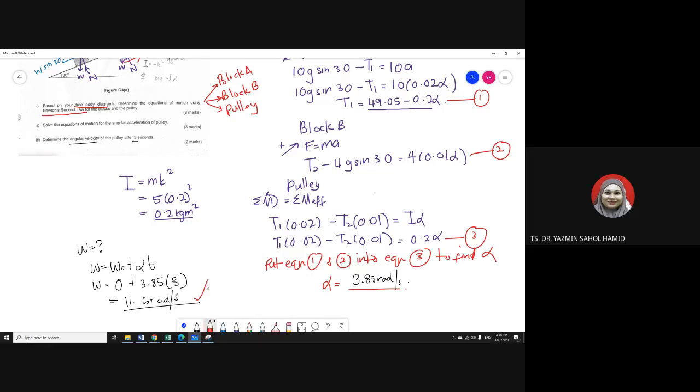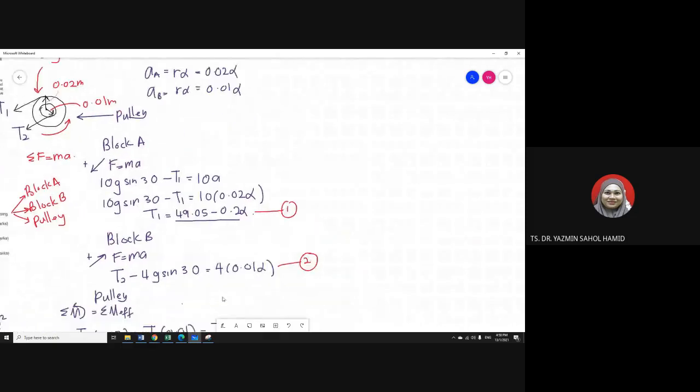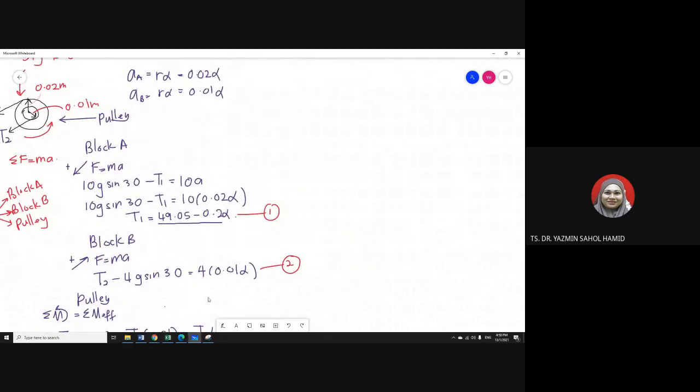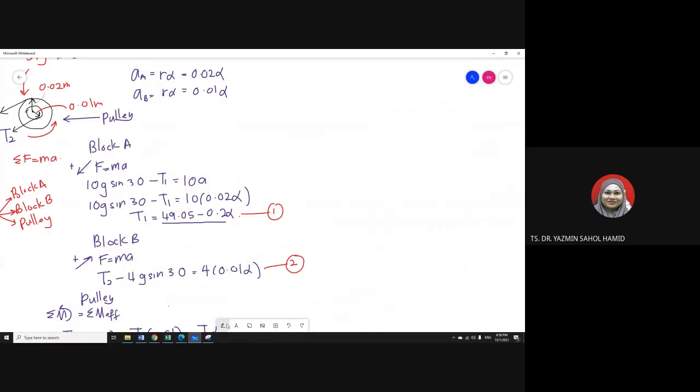Okay, easy. Let's say they ask you to find the acceleration of the block. How are you going to find it? Very simple. Just now you have found the alpha. So all you need to do is calculate this.